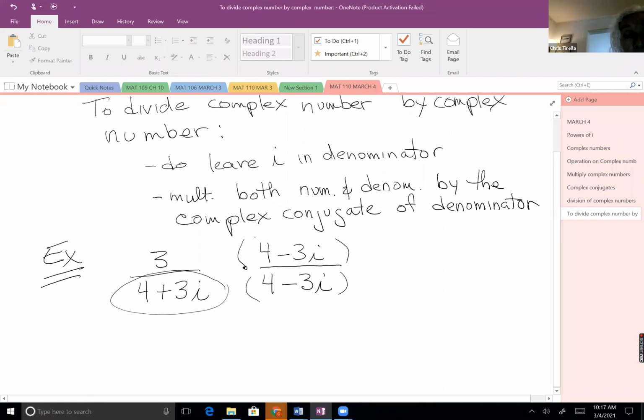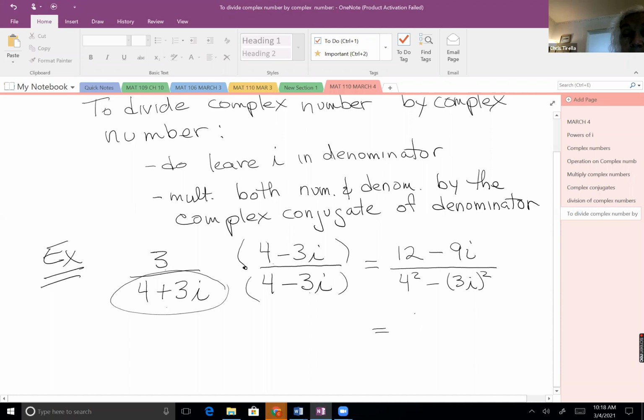In the numerator, does everybody see the need to distribute? So 3 times 4 would give me 12, minus 3 times 3i is 9i. And we chose the conjugate for the denominator because when we multiply something by its conjugate, that's sum and difference, it's the first one squared minus the second one squared.